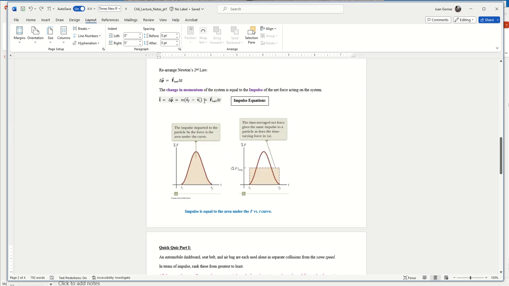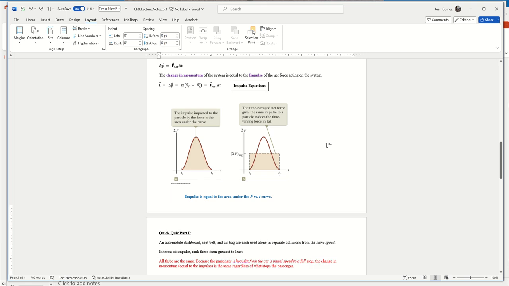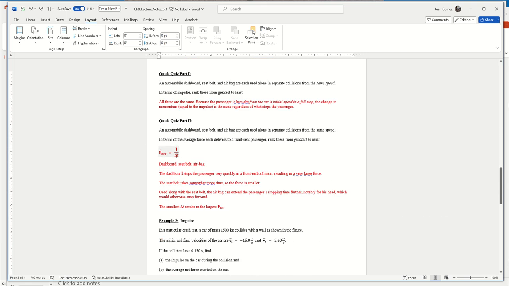If I is equal to F delta t, then F is equal to I divided by delta t. The impulse is the same, as we know from quick quiz number 1, because in each collision the passenger starts from the same speed and comes to a full stop.